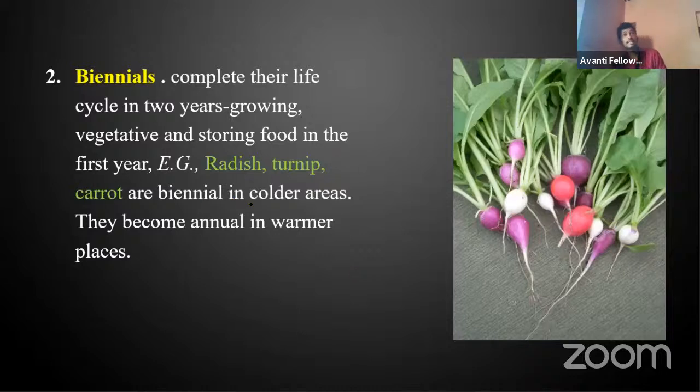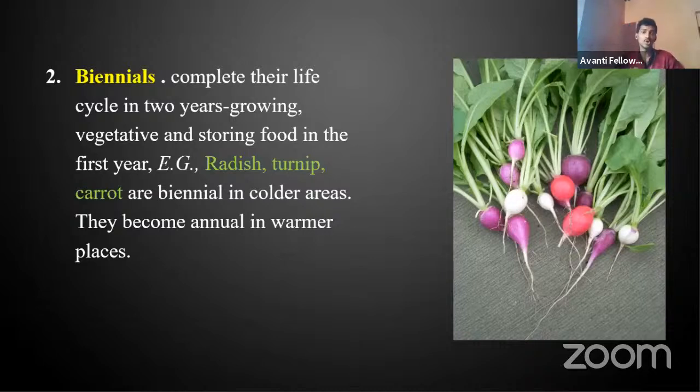These are actually biennials, and they belong to the temperate regions. But when they go to warmer regions, near the tropics, because of the more sunlight, they will act like annuals.